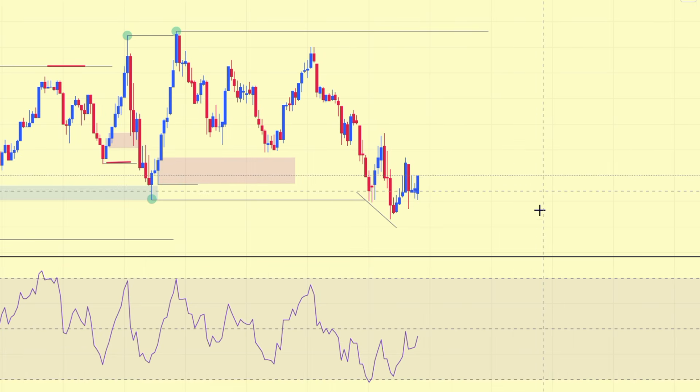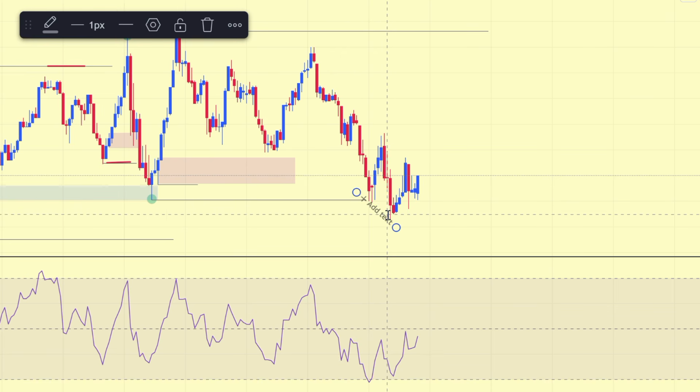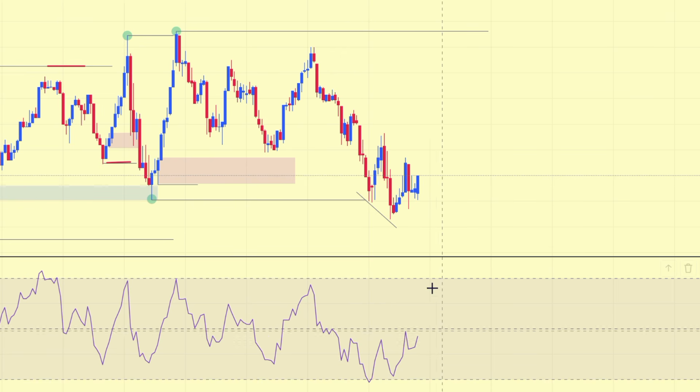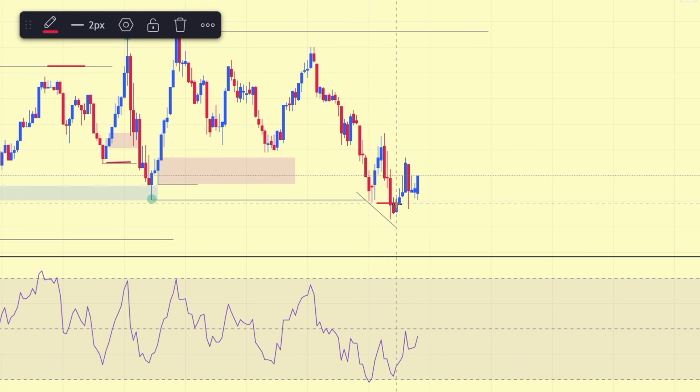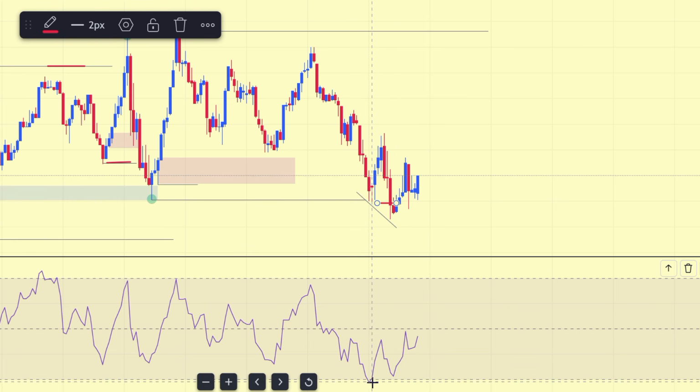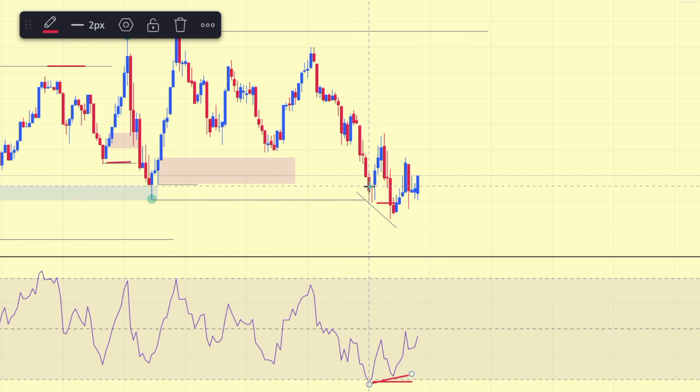So now let's introduce our RSI, and you can clearly see the price was making a lower low. This is a lower low on the price, but on the RSI you can clearly see it's a higher high. If we check this low and this low, that's a lower low, and this low and this low, that's a higher high.